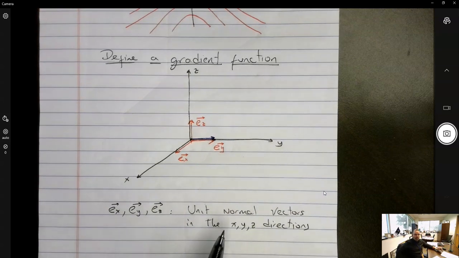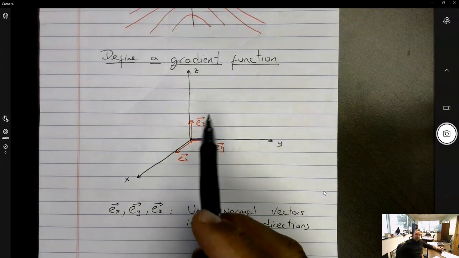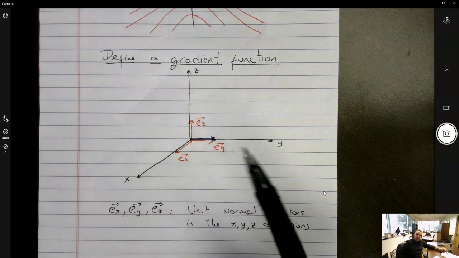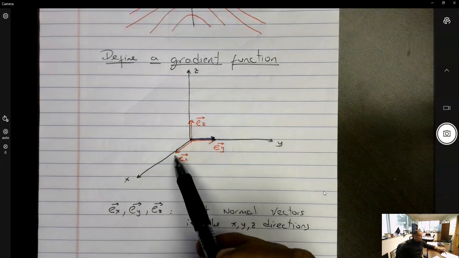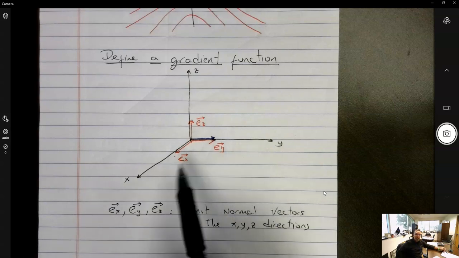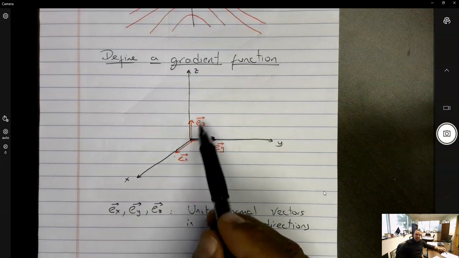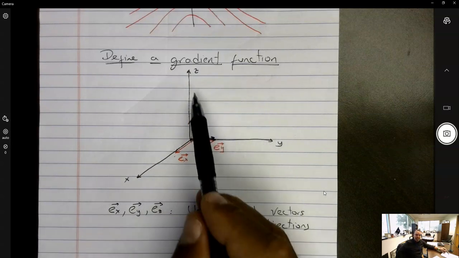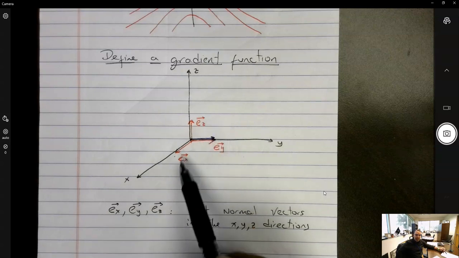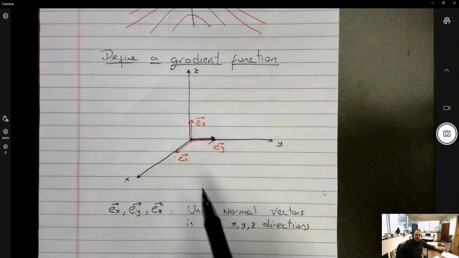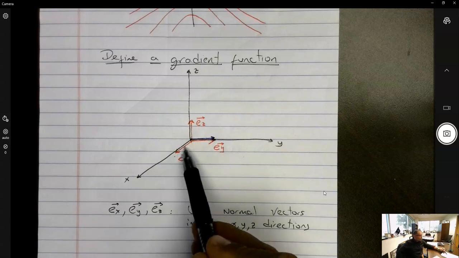Well, we call them normal, but in fact they're tangential to their own axis, but they're normal to the opposite plane. So the x-axis is normal to the yz plane, and therefore this vector here is normal to the yz plane. What do we call them unit? Because they're unit in length.